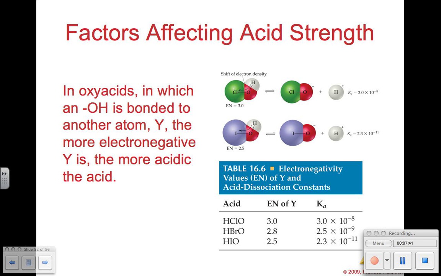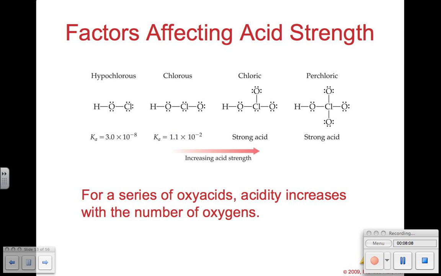Chlorine is more electronegative than iodine, and so therefore you're going to see chlorine has a higher Ka. We've got this table here down to the right with some Ka values, and the larger the Ka value, which 3.0 times 10 to the negative 8th is larger than 2.3 times 10 to the negative 11th, the greater the acidity.